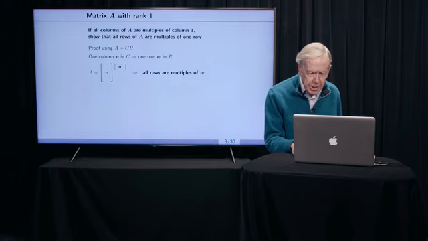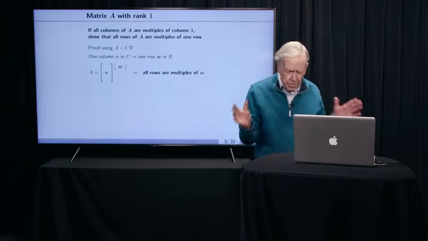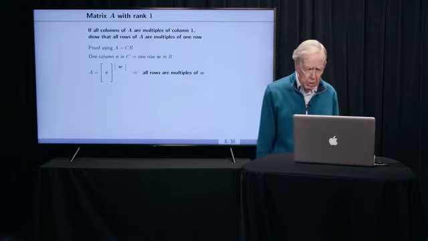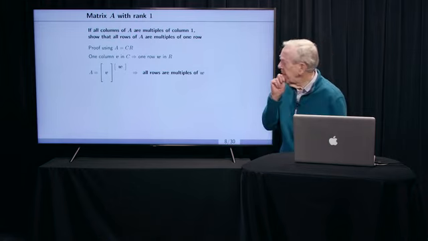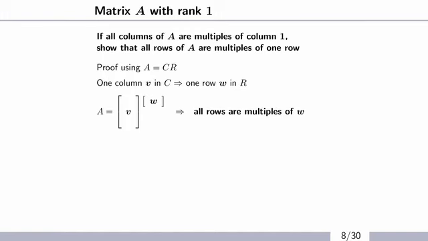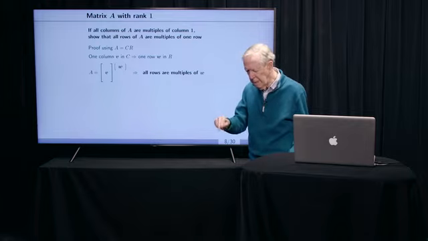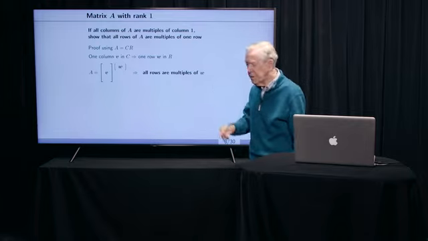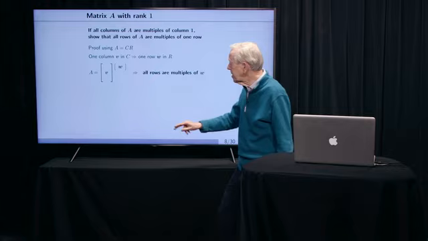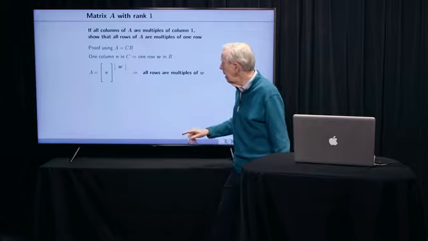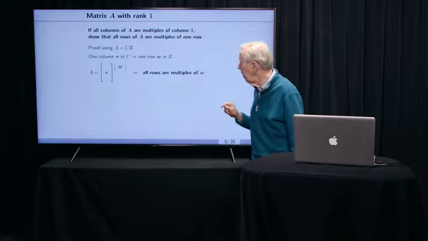Okay, so now I'm just going to say a little more about this starting method of the course. I want to focus here on these interesting matrices where every column is a multiple of the first column. Every row is a multiple of the first row. Instead of having two independent columns and rows, these matrices have only one. So then C has one column and R has one row.